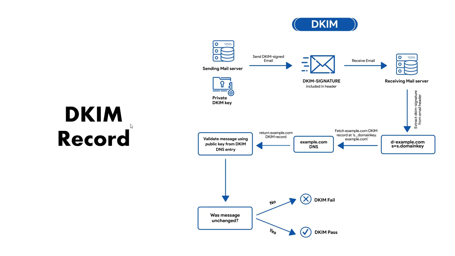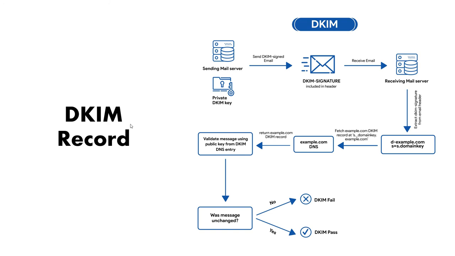And then it fetches that DKIM record at your domain. So now that it's extracted that, it pulls the other public half of the key from your DNS entry. And then it does a comparison. It asks, was the message unchanged? And if it was, if the keys match, then it passes.